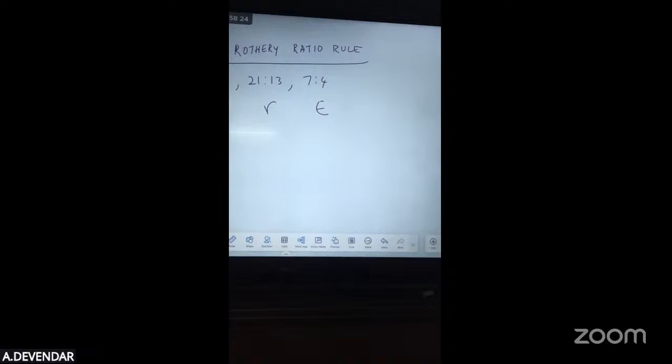That is 3:2, which means the ratio of the total number of valence electrons to the number of atoms.